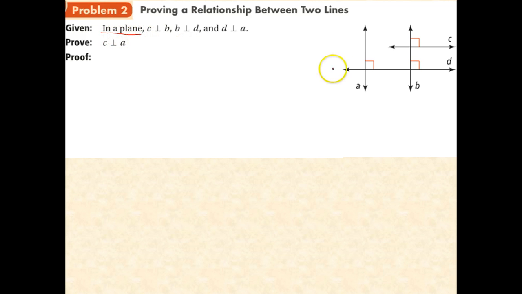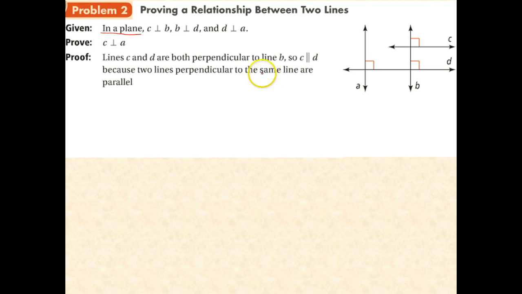All these are in a plane, so we can use our theorem. So let's see, how shall we start? Lines C and D are both perpendicular to B. So that means that C is parallel to D, because of the theorem we just had: two lines perpendicular to the same line are parallel.